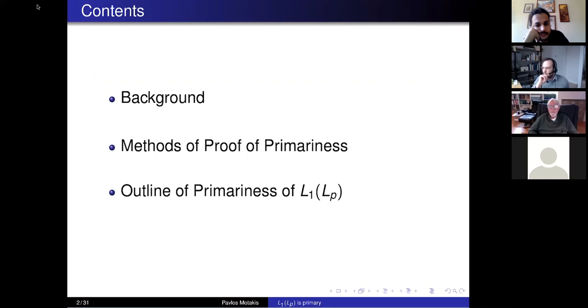Then I want to talk about the methods that have been used to prove that Banach spaces are primary, and how recent insight has allowed us to simplify some of these old methods to obtain known results, and then how these observations that we've made relatively recently helped us to achieve this recent result.